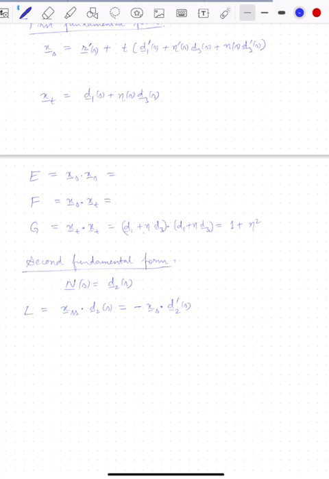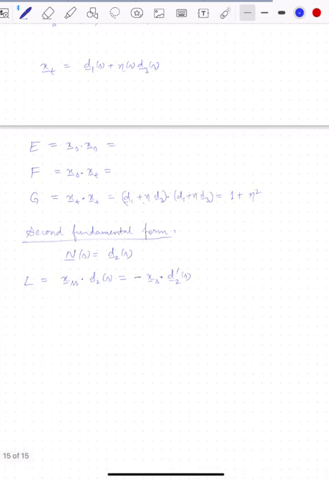Right? Then we have some expression. I'll fill it later and then show you.